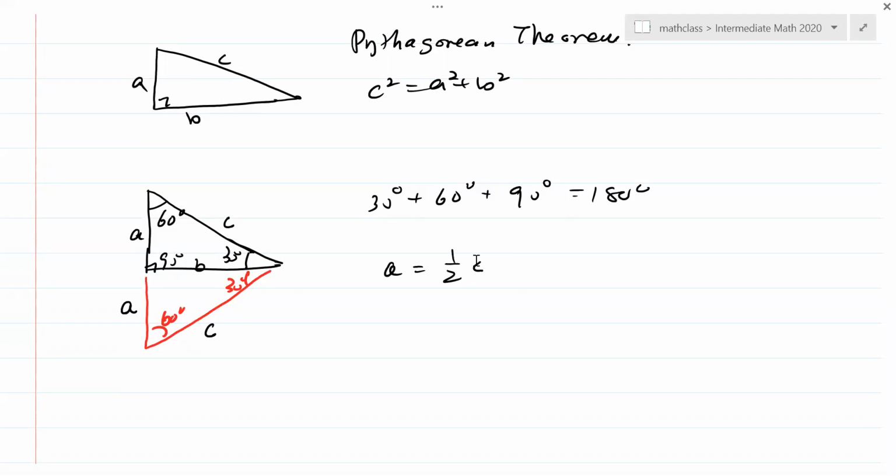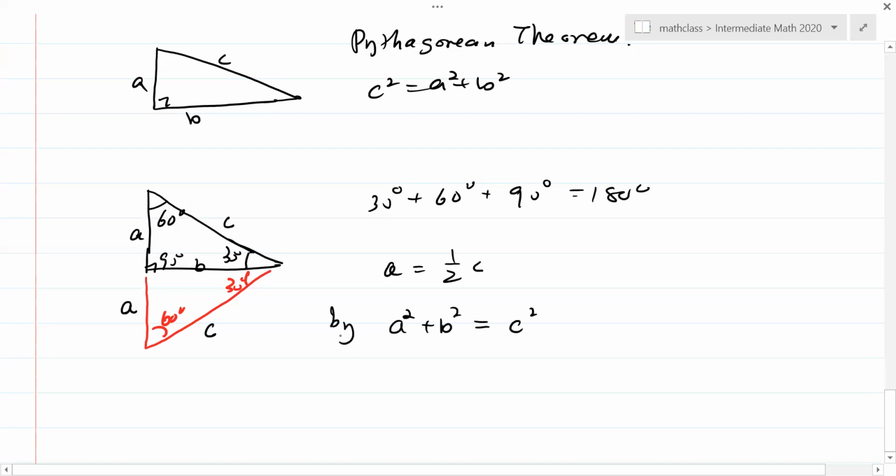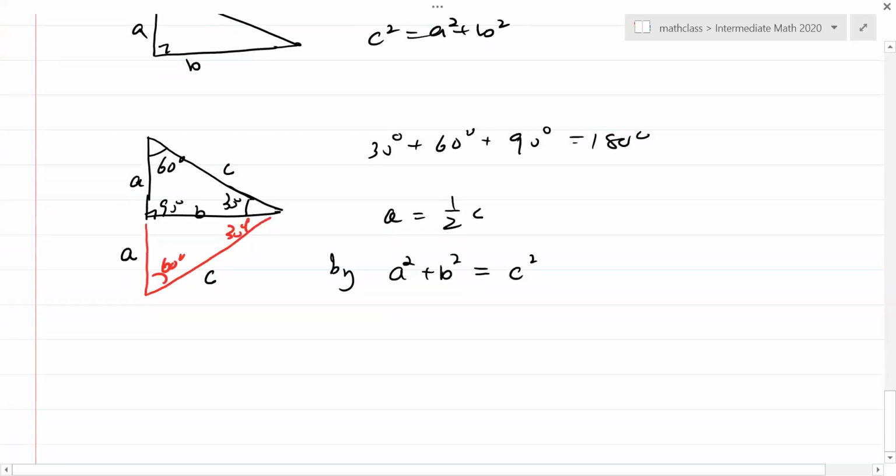And how about B? Can we express B in terms of C? The answer is yes, because this is the place where you apply the Pythagorean theorem.